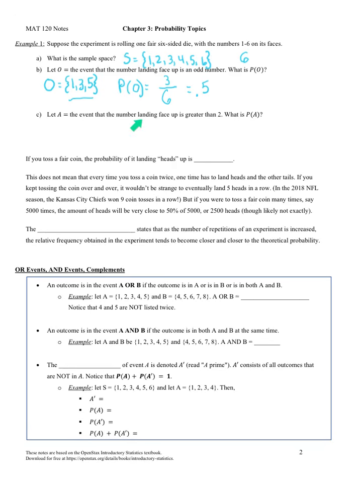Let A equal the event that the number landing face up is greater than 2. Okay, so let's first find our sample space. How many ways can we get a number greater than 2? That would be 3, 4, 5, 6, which means we have 4 ways. And so the probability of A occurring would be the number of outcomes in A divided by the number of total outcomes in the sample space.